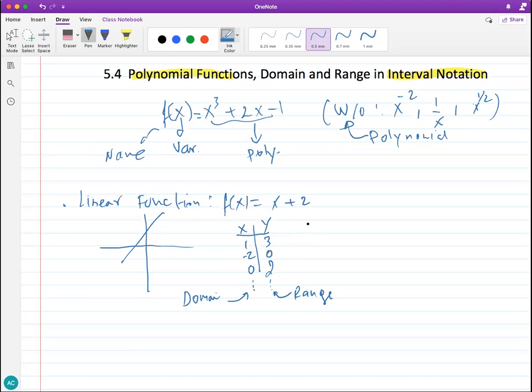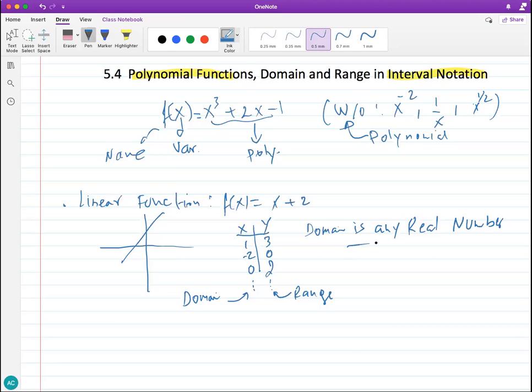So the domain is any real number. And we know what real numbers are. Basically, every number you can think of except complex numbers. So decimals, negatives, positives, fractions, radicals, rational, irrational. You can plug any one of these here, and you will for sure have a value of y.